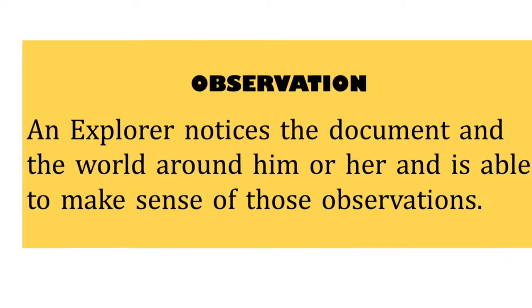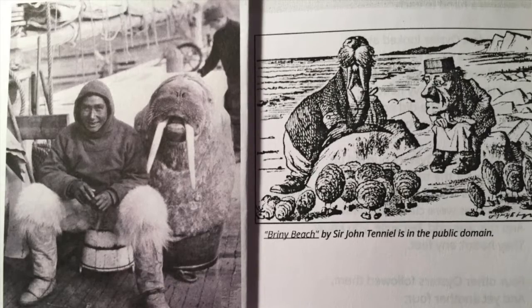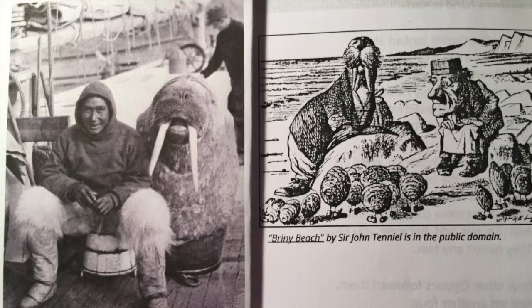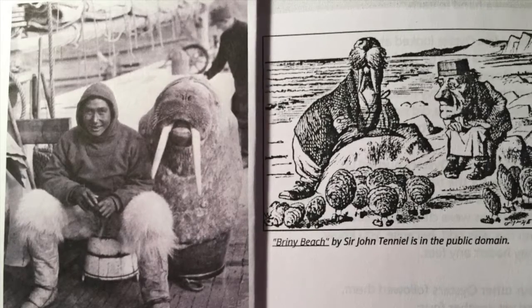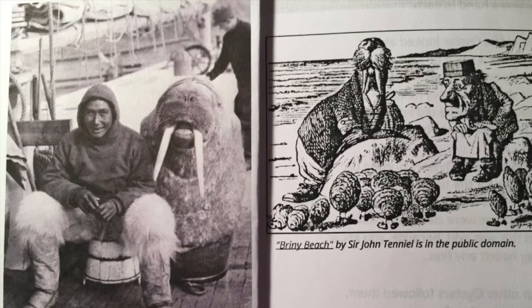Observation. What will your student notice? Another way to use the National Geographic website was this picture of this man and the walrus that looked very similar to John Tenniel's Walrus and the Carpenter, showing that imagination definitely looks like reality.